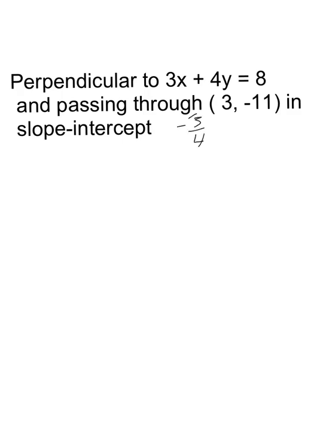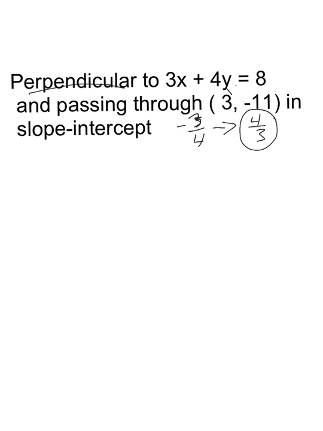And I keep saying original because now it's wanting perpendicular. Perpendicular is exact opposite. So it's opposite sign. So it's now a positive and it's reciprocal. So I flip the fraction. So it's a +4/3. That is the slope I want to use for this one.